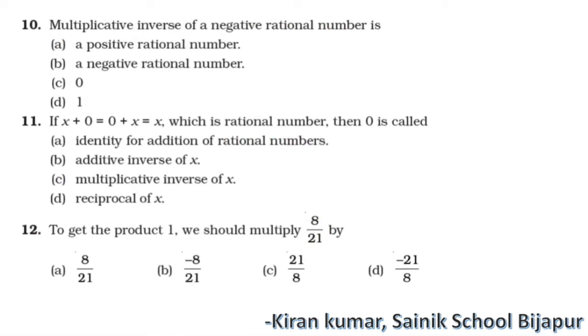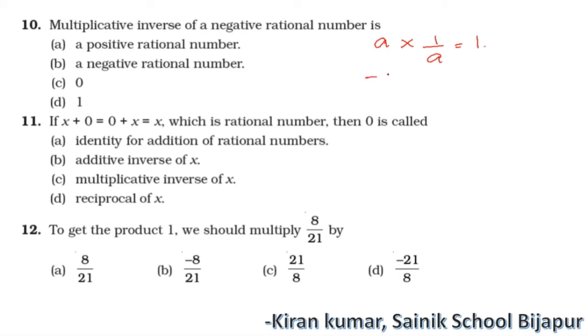Statement number 10. Multiplicative inverse of a negative rational number is. We know that if the product of two rational numbers is 1, then only one particular number is the multiplicative inverse of the other. Suppose you have some number A, it should be multiplied with 1 by A, then only we get 1 as the product.